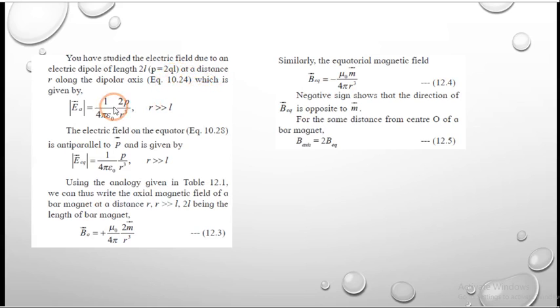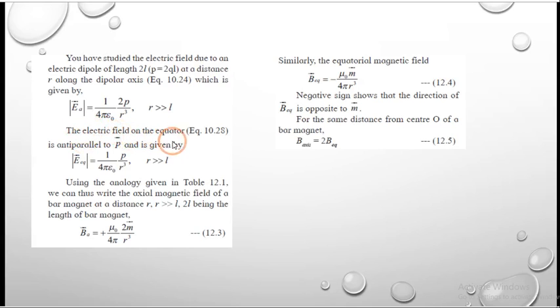Now at distance R along the dipolar axis, we know that the value of E is given by 1 upon 4 pi epsilon naught, 2p upon R cube. We already studied this point in the last chapter. When we consider R much greater than L, this value will become this.